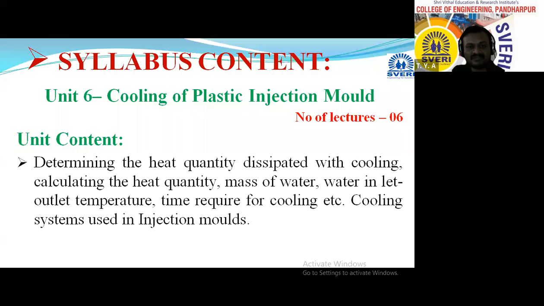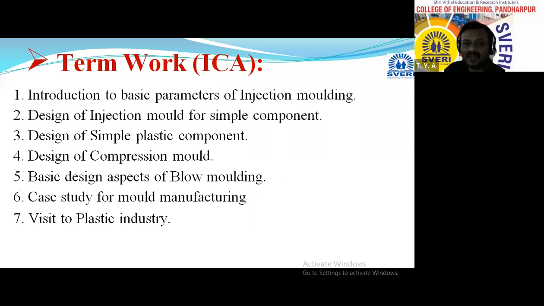Okay, so these are the 6 chapters, and 2 sections will be there, consisting of 3 chapters each. Then your practical work, this ICA, that is internal continuous assessment. Approximately or exactly 7 practicals are there. Already I have discussed it while telling you this syllabus.